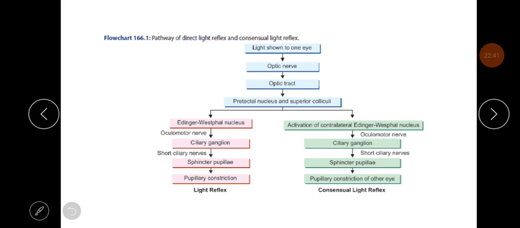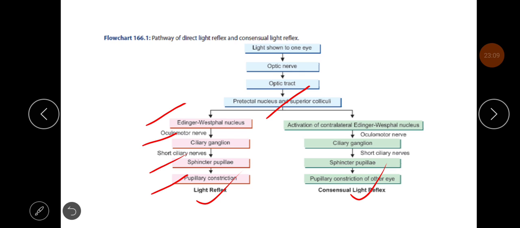So this is the pathway for the light reflex and the consensual light reflex. The afferent comes from the optic nerve, optic tract, the pretectal nucleus of the superior colliculus, then the Edinger-Westphal nucleus. Then the motor response goes to the ciliary ganglion and sphincter pupillae, causing the light reflex.